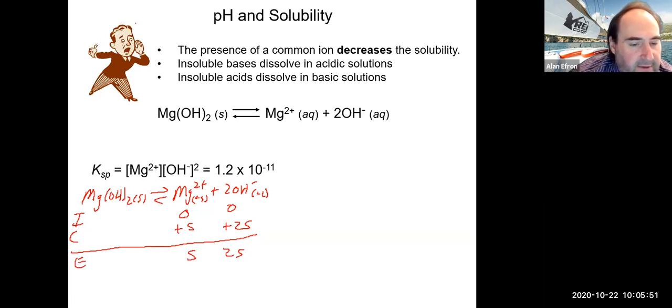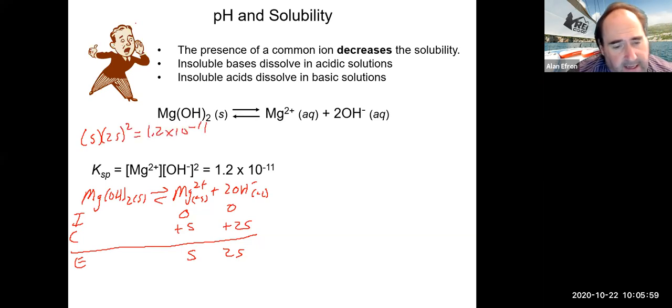If we put this into our Ksp expression, this would give us S times (2S) squared equals 1.2 times 10 to the minus 11. That's going to give us 4S cubed equals 1.2 times 10 to the minus 11.